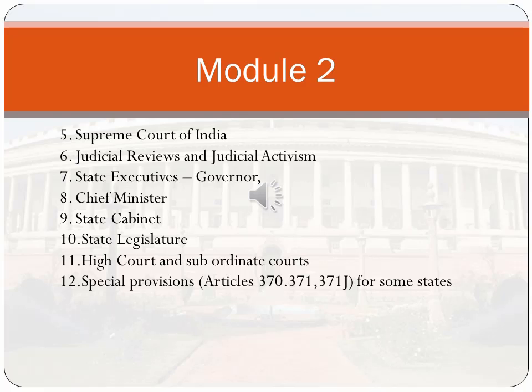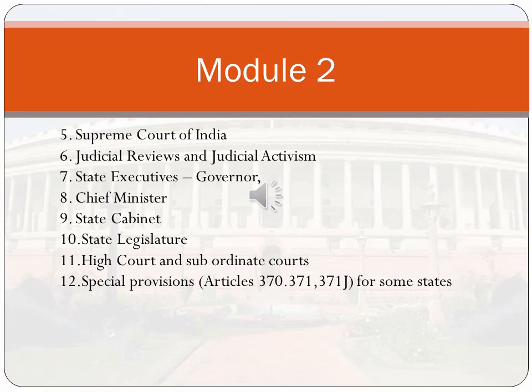In the second part of this module, we shall see about the Union Judiciary, that is how the Supreme Court of India is formed. What do you mean by judicial reviews and judicial activism? How the state executives, that is the governor, are elected and what are the roles and responsibilities of the governor will be seen in this second part of module 2.